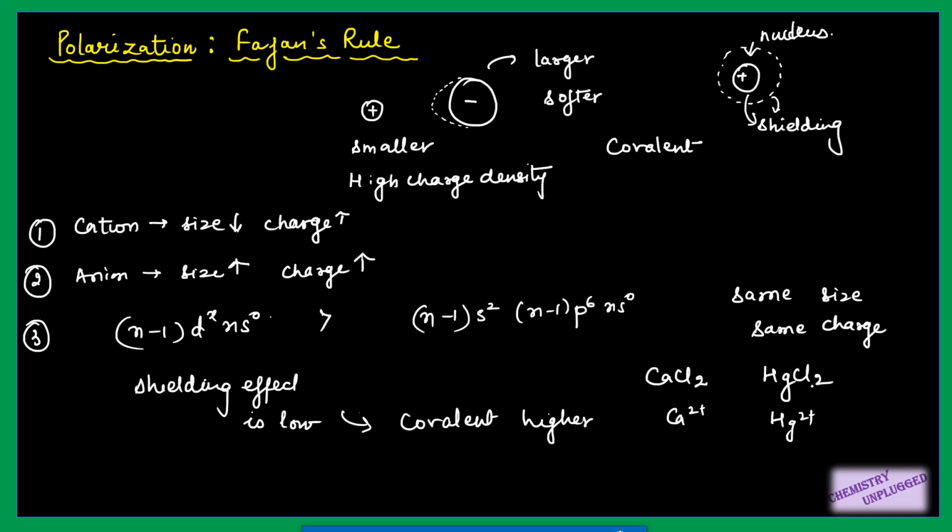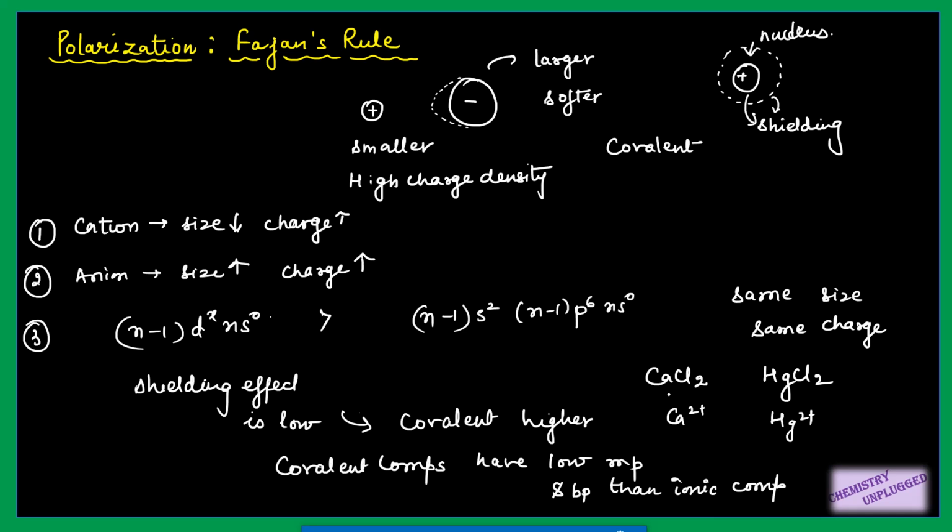In general, covalent compounds have lower melting and boiling points than ionic compounds, right? So first you have to find out which will have higher covalent character, and if the covalent character is higher, the melting point will be low. So you can decide on that basis.